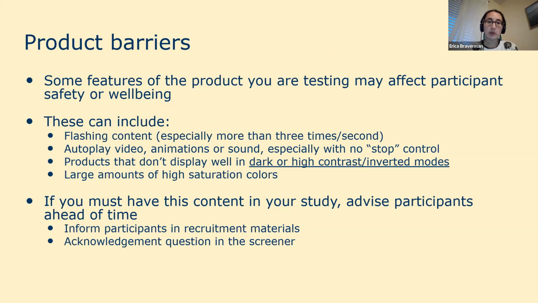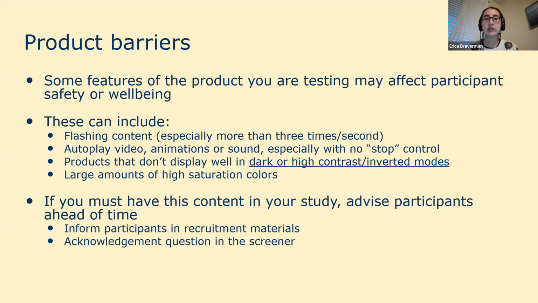So talking about one of the first places where you might bump into accessibility barriers is in the product to be tested itself. And that might seem like kind of a gimme because you might be trying to look for just that.